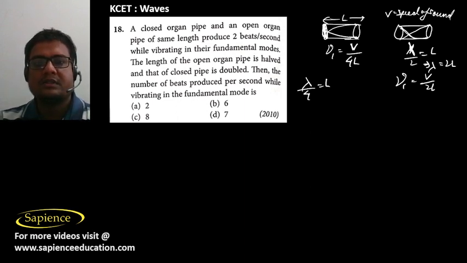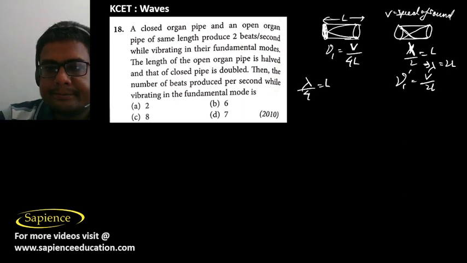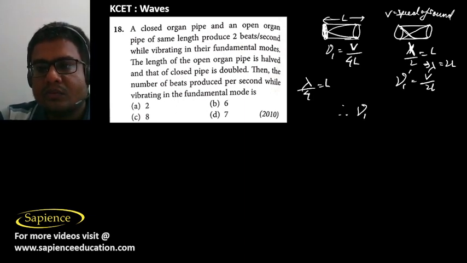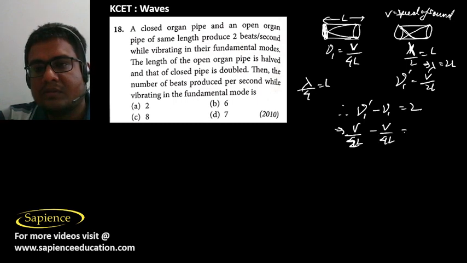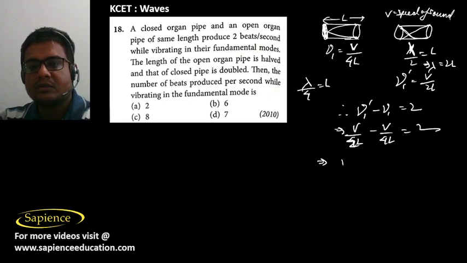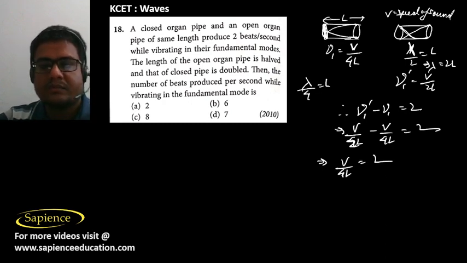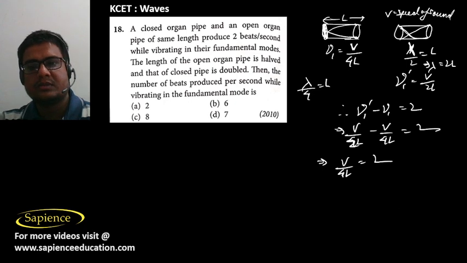So it is told that the beat frequency, so we can say it is ν₁'. So ν₁' minus ν₁ is equal to 2 beats per second, that is given here. So it means v by 2l minus v by 4l is equal to 2. Means that I can say this is 2v by 4l minus v by 4l. So this is v by 4l, that is equal to 2 actually, 2 beats per second.